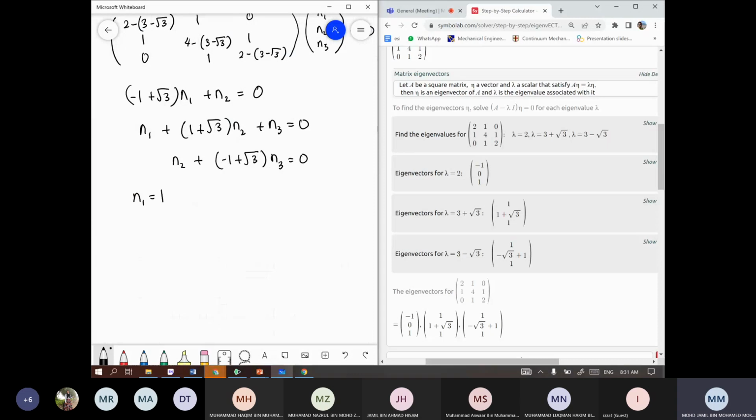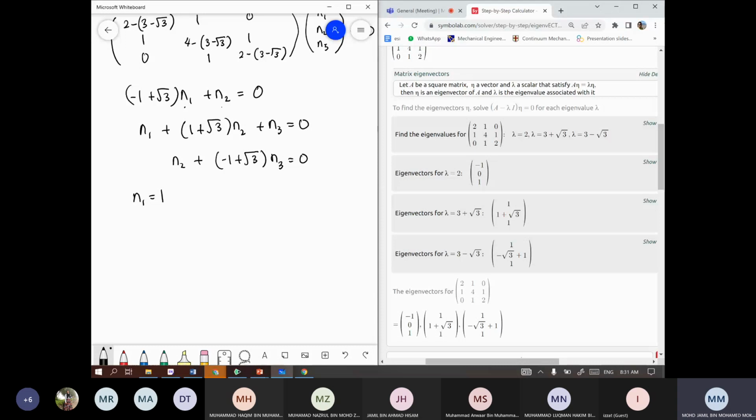Okay, you can choose any value. I think n1 equals 0 is also okay, but if you choose n1 equals 0, then n2 will be 0, then n3 will be 0 as well. So choose the smallest value possible. So I choose 1. Okay, if you choose minus 1, also okay. So 1 is easier because it doesn't involve any negative value.